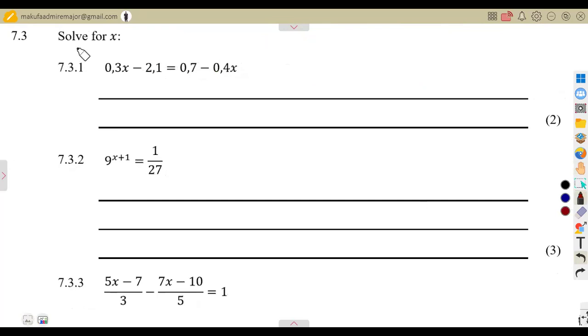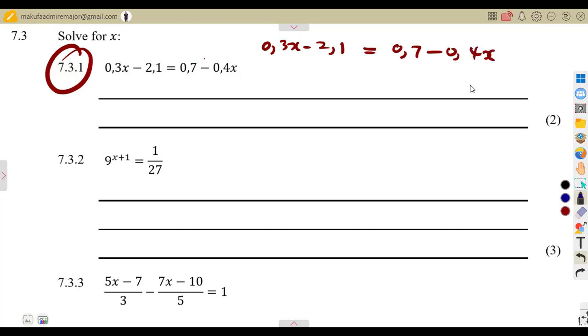7.3, solve for x. 7.3.1, this is just a normal equation. Collect the terms with x to one side of the equation. So that's 0.3x minus 2.1 is equal to... All right, guys, you see these softwares, they need to serve this and that. So no problem.